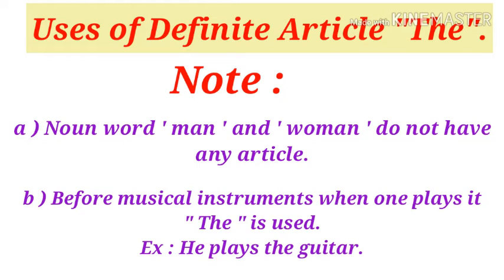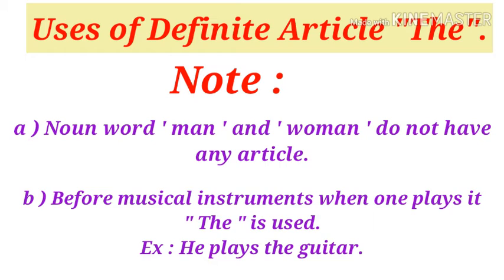But these two nouns never have any article in front of them. Please remember this. We always say man is mortal. We never say the man is mortal. We always say woman, we do not say the woman. Neither a definite article nor an indefinite article. Clear? This is an important thing that you should remember.